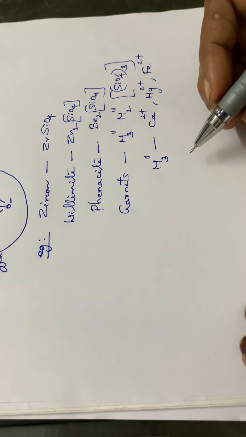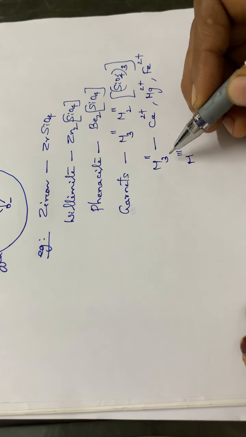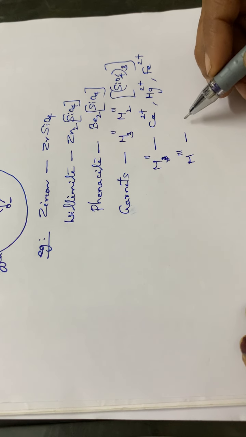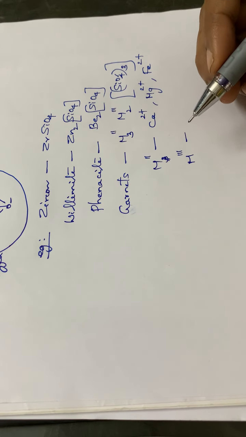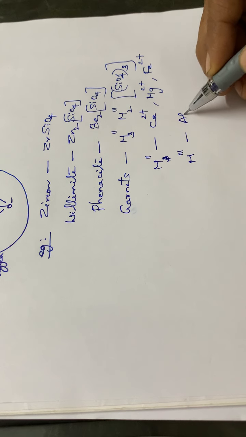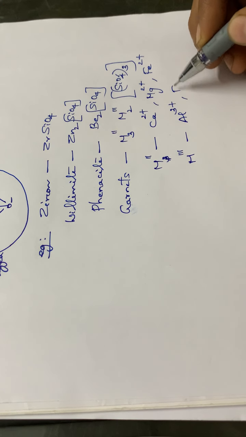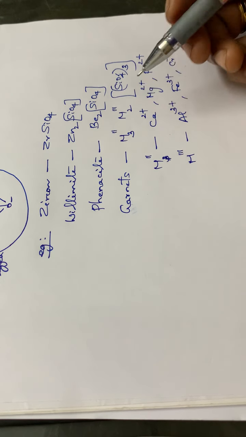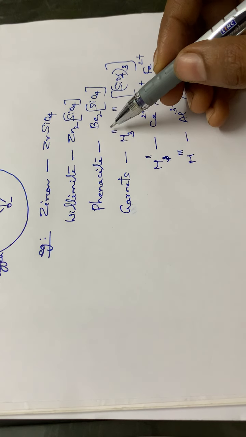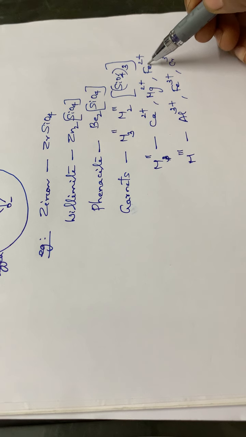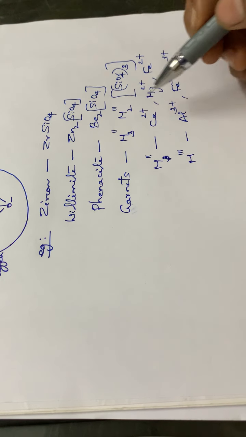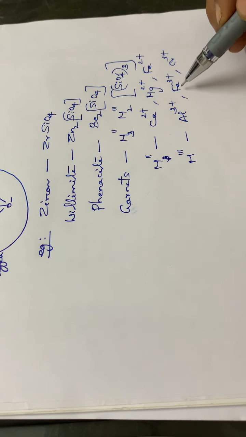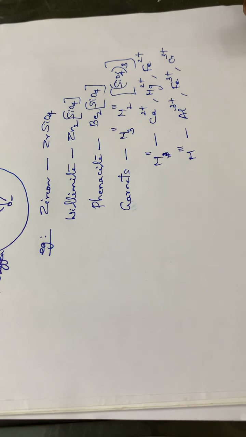And the other denotes the trivalent ions, that is Al3+, Fe3+ and Cr3+: aluminium, iron and chromium. So that is the difference between these two. This is the case of orthosilicates.